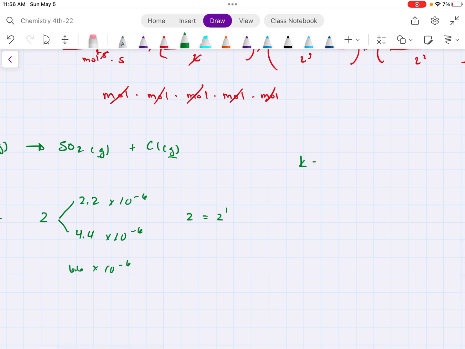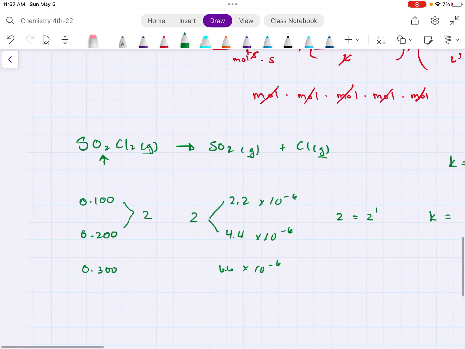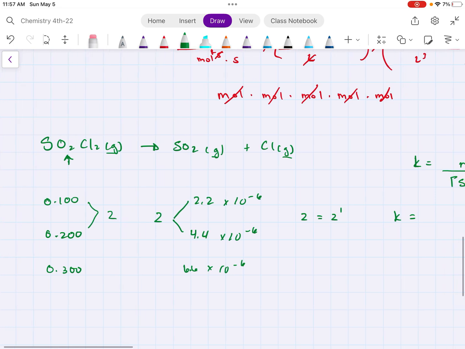So K is equal to the rate divided by the molar concentration of, and that's going to be to the 1. So if I wanted to find the rate constant for this reaction, I would just pick a value. Let's do this one, the first one.